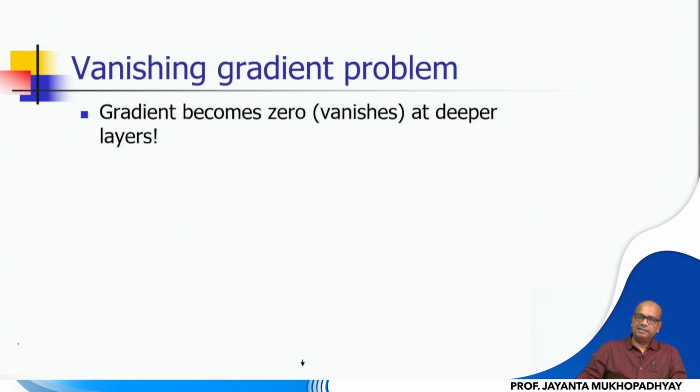Now, that was the second issue. The third issue, which we will also consider in this computation, is the vanishing gradient problem. As you understand, we are computing the gradient of the error with respect to the parameters using the backpropagation algorithm. If it is a very deep network, those values become very small, almost zero.